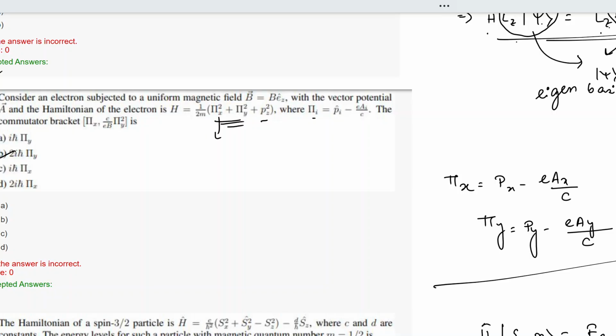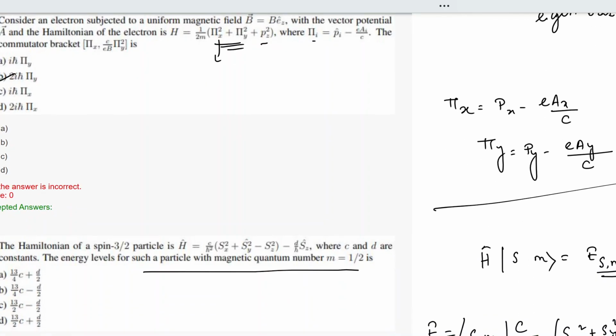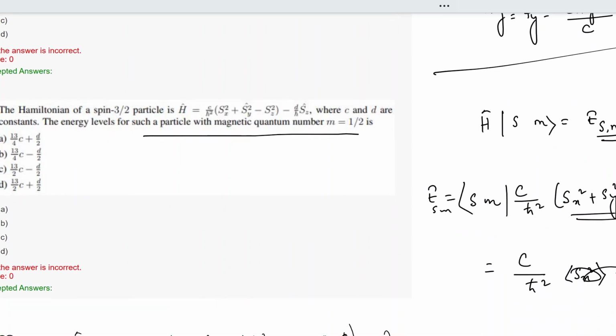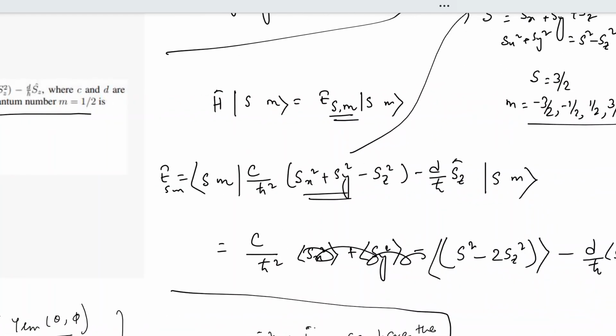So let us put the boundary here. So this is S squared equal to Sx squared plus Sy squared plus Sz squared. So then Sx squared plus Sy squared is simply S squared minus Sz squared. So you have C by ħ squared (S squared minus Sz squared, another Sz squared), so S squared minus 2 Sz squared, and the expectation value is taken, minus D by ħ, the expectation value of Sz cap.